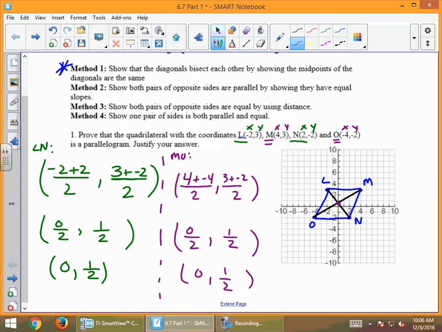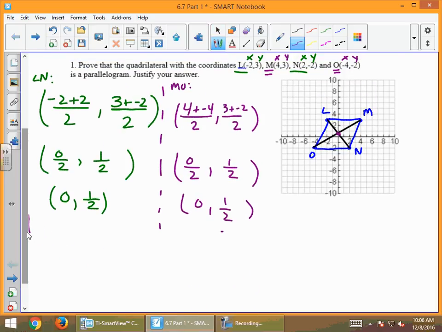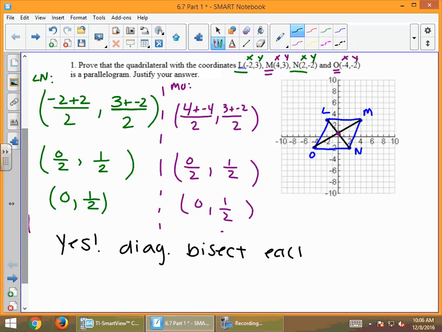So when that happens, when they're the same, you just say yes. Diagonals bisect each other. It's a parallelogram, the diagonals bisect each other.